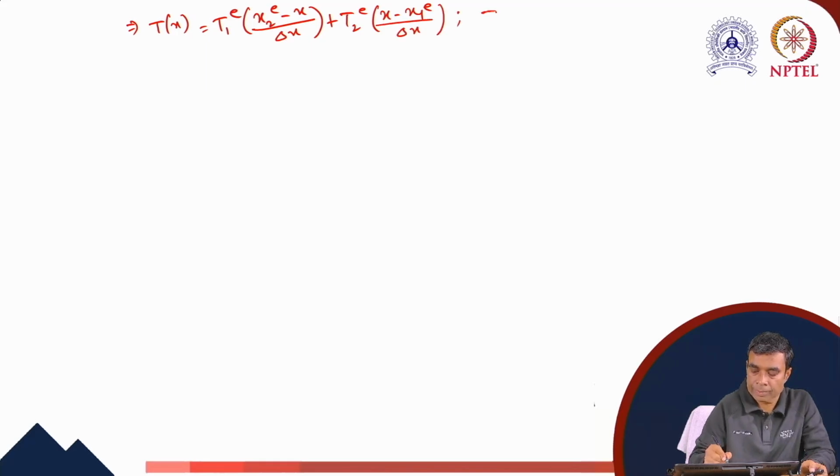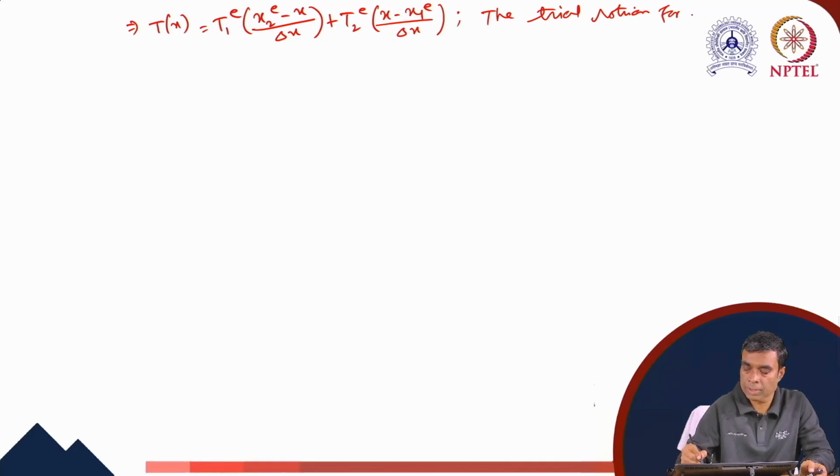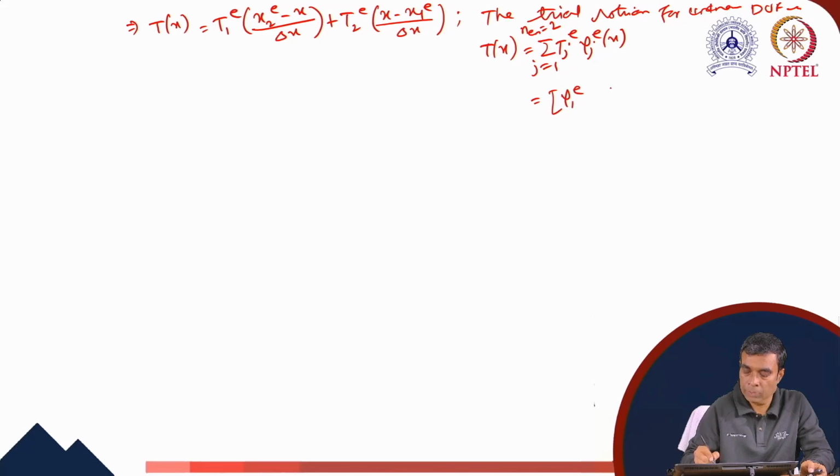Now the trial solution for the unknown DOF is T(x) equals summation of Tje psi je(x) for j equals 1 to nen. Here our nen is 2.